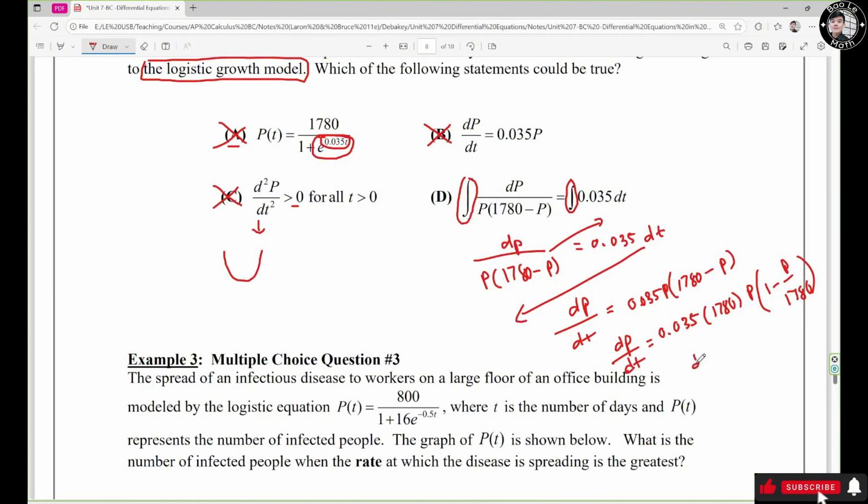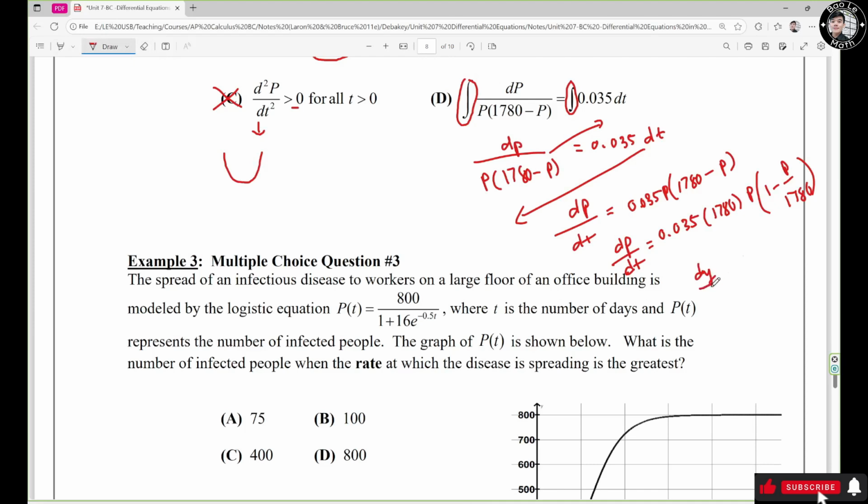It's going to be in this form, dy over dt equals k times y times 1 minus y over L, right? K equals this one right here. Alright, so the answer must be D.